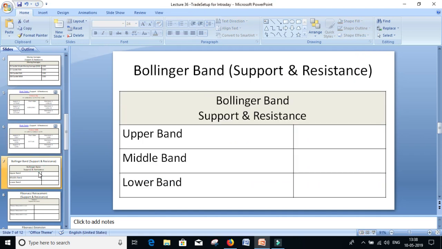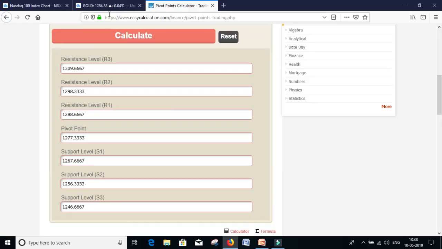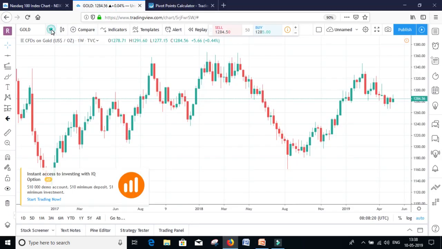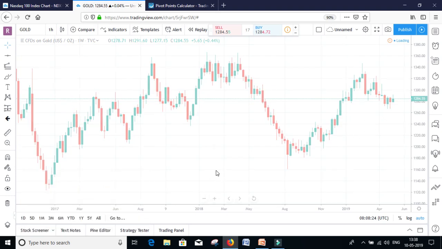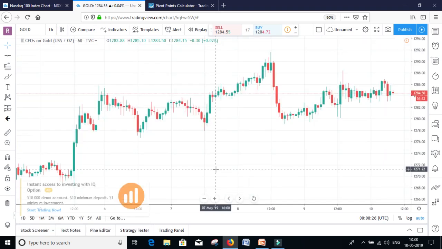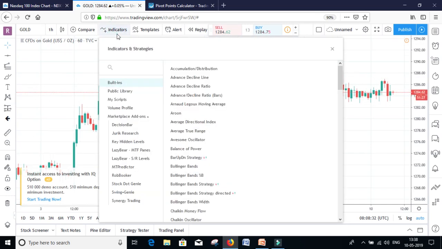Now we discuss the next tool called Bollinger Band. So we again adjust our chart from week to hour, and we draw an indicator called Bollinger Band.